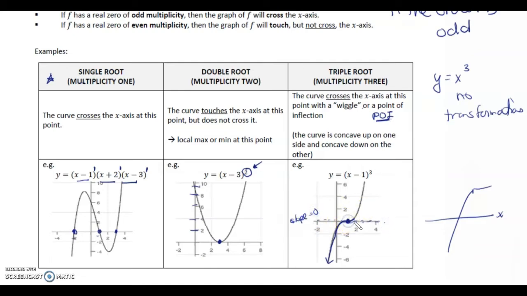So this is a turnaround point. It's neither a max nor a min. This is actually a point of inflection. If we continued this, this would be concave down, and if we continued this one, this would be concave up. On one side is going to be concave down, the other side is going to be concave up.